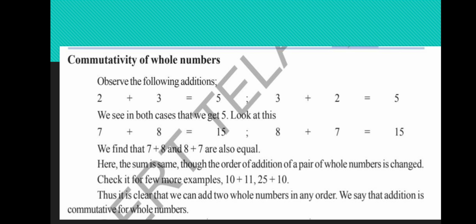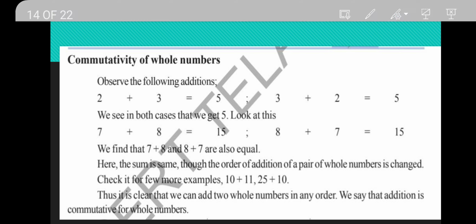Next, he said observe the following additions. 2 plus 3 is 5. We reverse the numbers. Check here, we added 3 to 2, but here we added 2 to 3, but both times we get the same answer. Here also 7 plus 8 or 8 plus 7, both are equal to 15. So this is called commutative property.